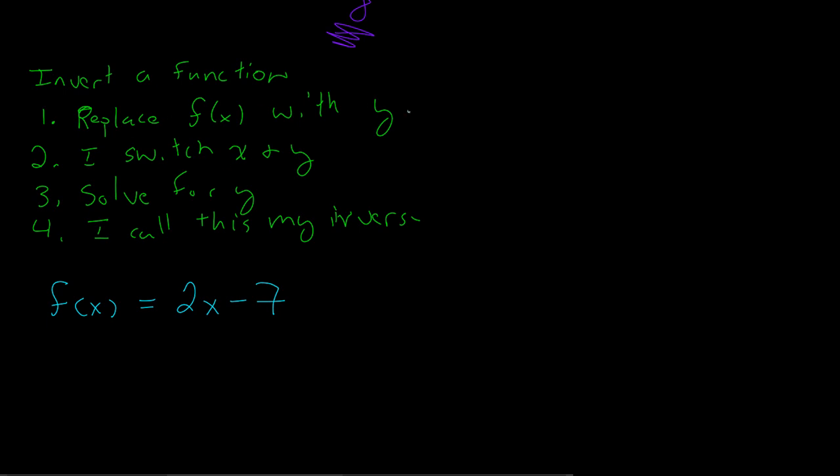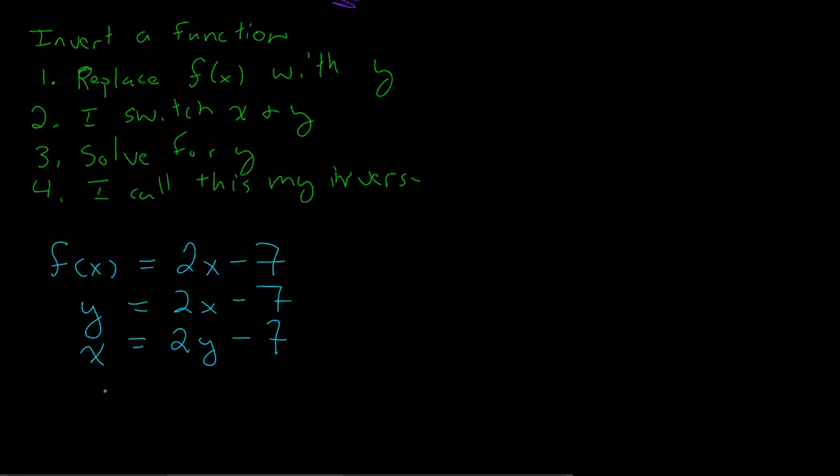Well, let's follow these rules here. Let's use these rules to help us. So I'm going to replace f of x with y. But this is my range and this is my domain. I want to go backwards, so I want this to be my domain and that to be my range. Right? I switched x and y. And now I'm going to solve for y. And the process of solving for y reverses all the rules the function does.